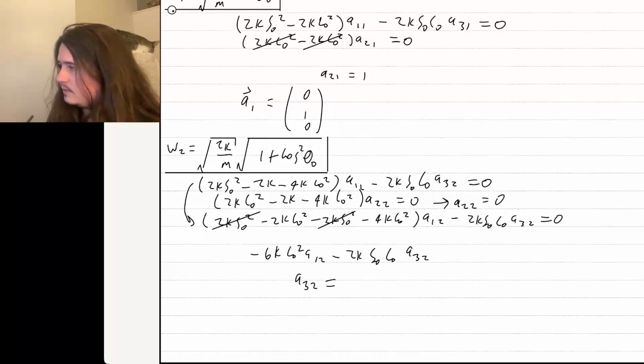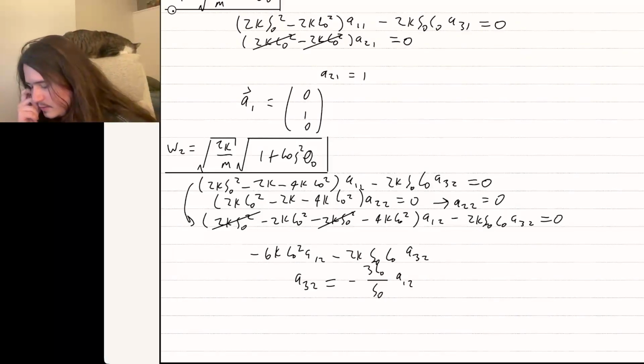We get that that's just minus 3 c naught over s naught a12. Yeah, 6 over 2 is 3, so we got something simple there.